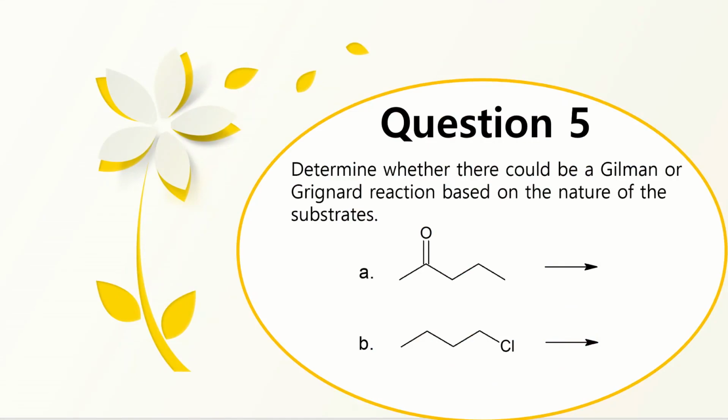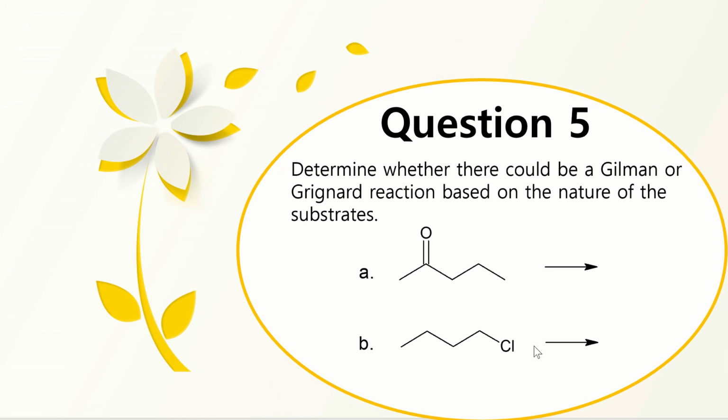All right, so this leads us now to our final question, which is to determine whether there could be a Gilman or Grignard reaction based on the nature of the substrates. So we're looking at the fact that we have a carbonyl here. So guys, let's try to answer the question before you see the next slide, right? So here we have a carbonyl, and here we have a primary alkyl halide.